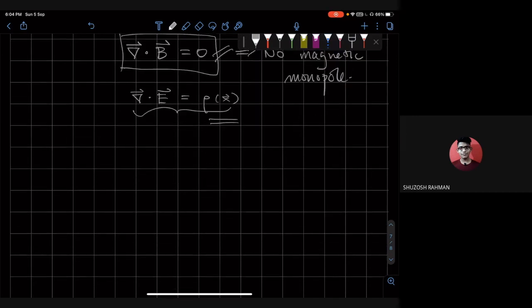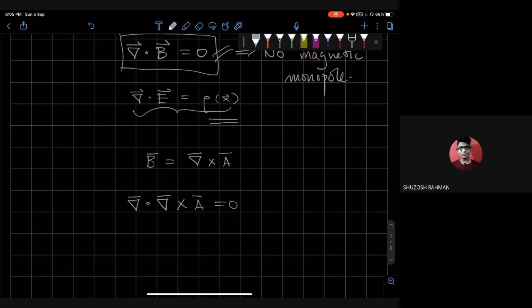So if we have a divergence of a vector quantity that is 0, then we can always write that vector quantity as a curl of another vector quantity. From vector calculus, you can show very easily that the divergence of curl of any vector quantity is 0. Okay.